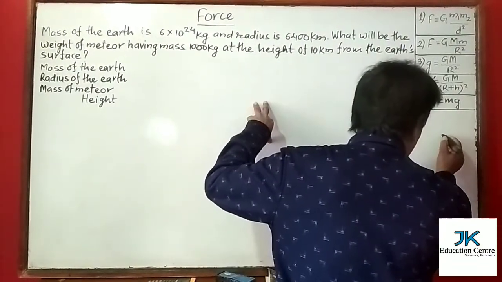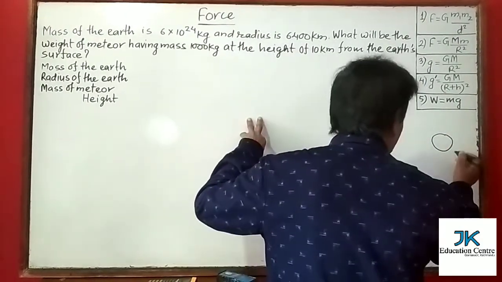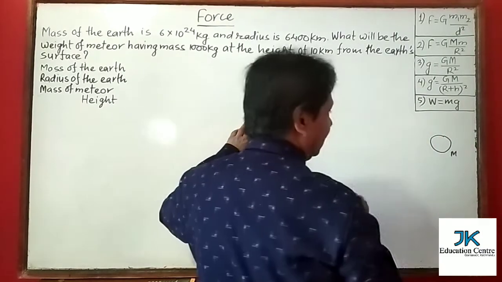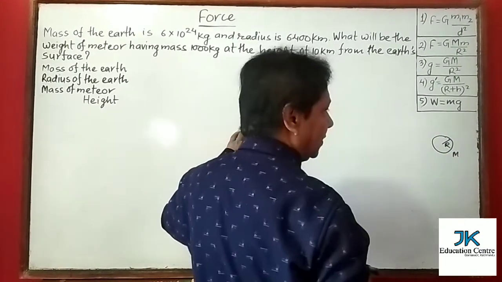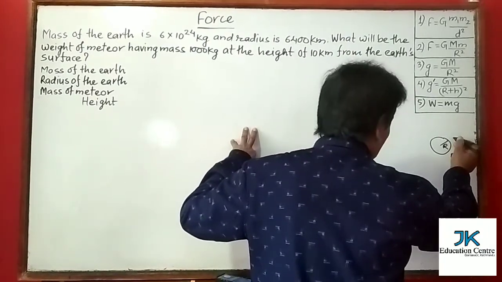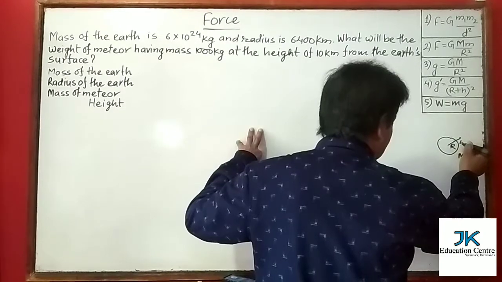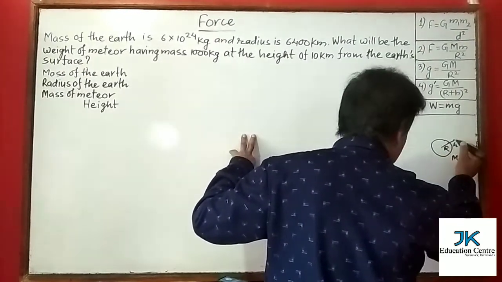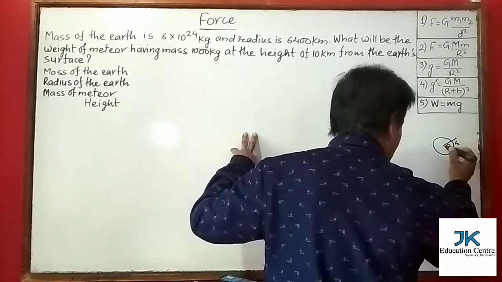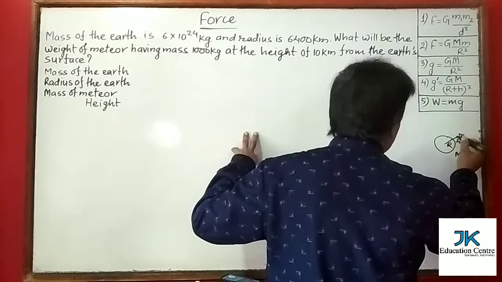Let's say this is earth, and its mass is given, capital M, and its radius is given, capital R, and a meteor is at a certain height H. The gravitational force between this meteor and the earth is asked, and the mass of this meteor is also given.